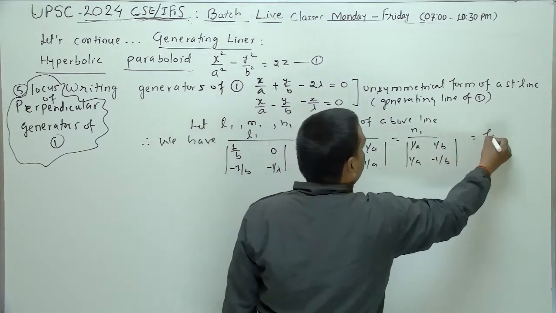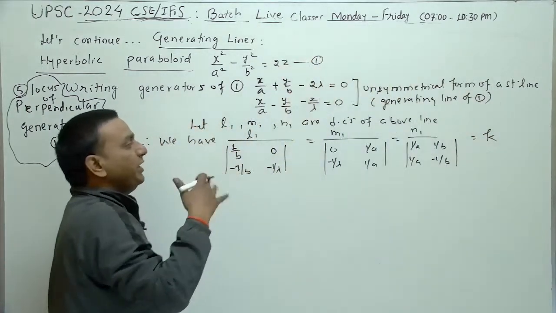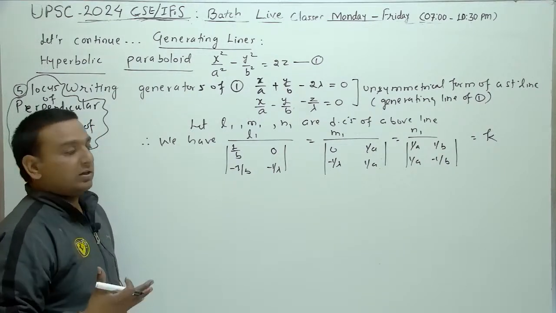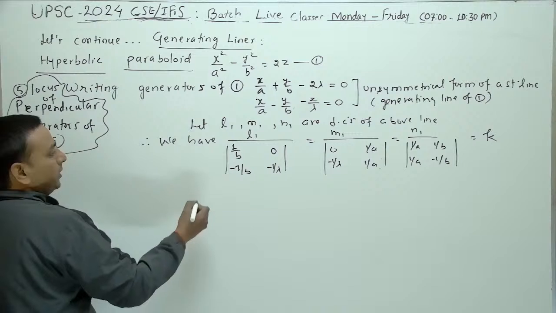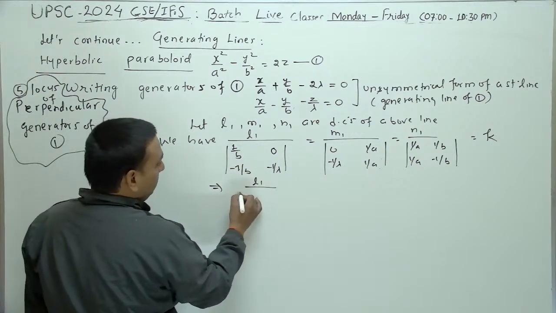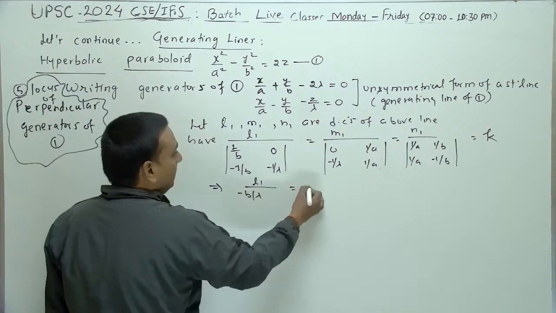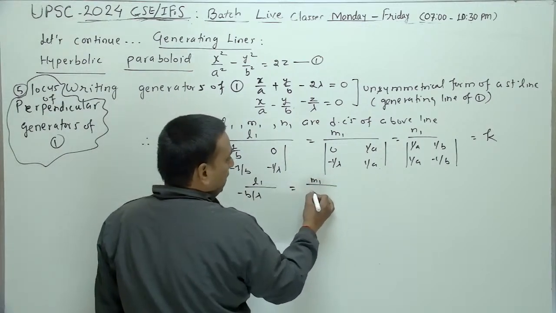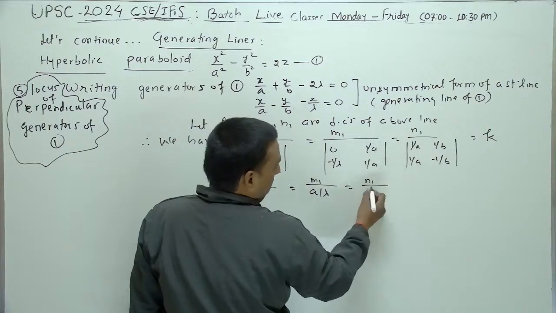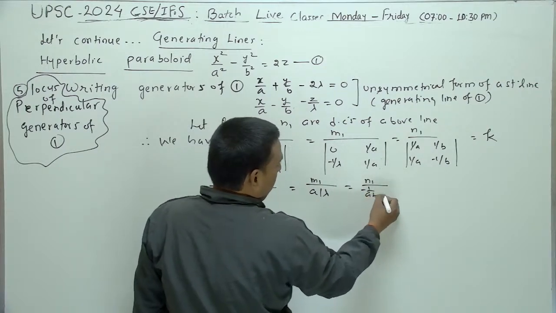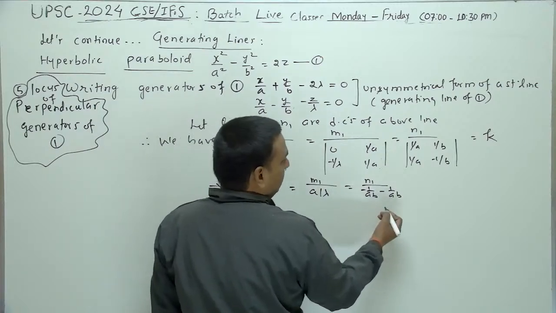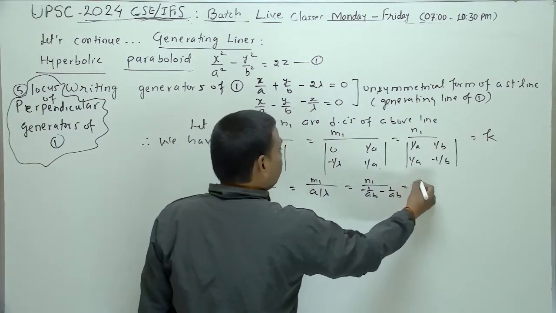N1 equals coefficient of x, coefficient of y. So if we take this equals to some k, we will get L1 in terms of k, M1, N1 in terms of k. So if you observe L1 upon, this will become minus b by lambda, M1 upon plus a by lambda, N1 upon minus 1 upon ab minus 1 upon ab. So this will become, that is k.